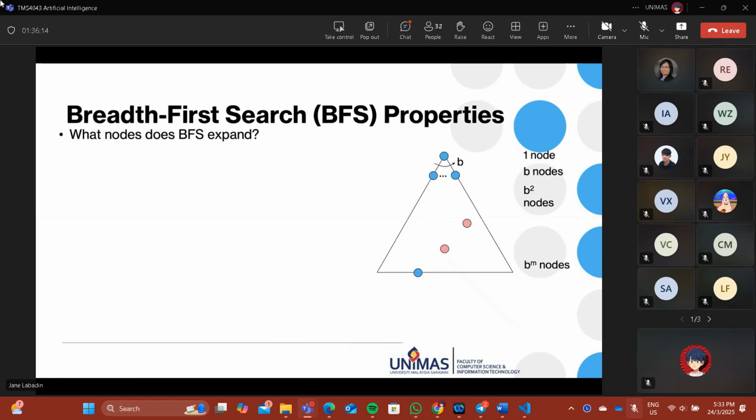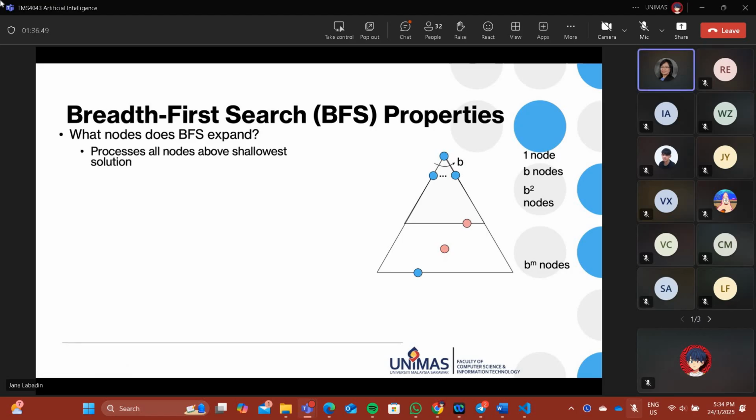So what nodes does breadth first search expand? It covers there, then there, and there. So it really depends on which tier you are in. So that's the nodes that it expands.